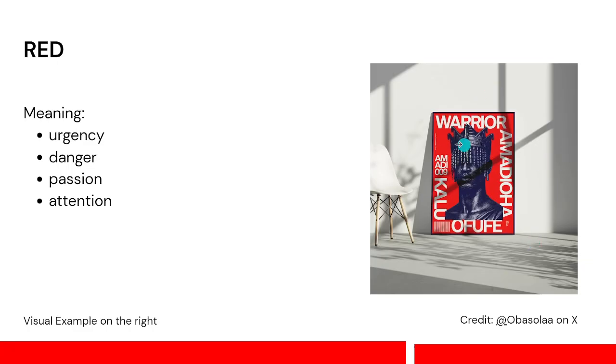Looking at this design, we can easily see that this red background points our attention to the main character in this poster. So in this case, red is serving the purpose of attention. It drags our attention to this poster. We will be interested in knowing who this character is because of the right application of color, which in this case is red.